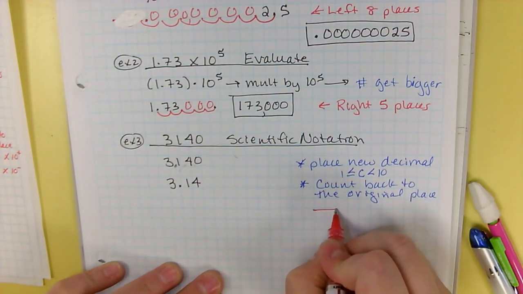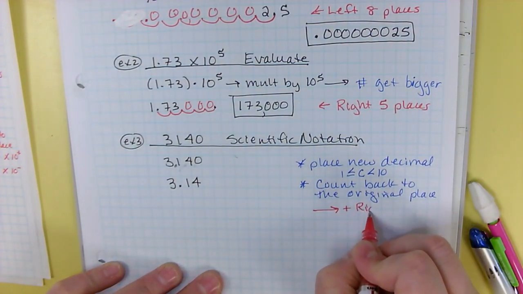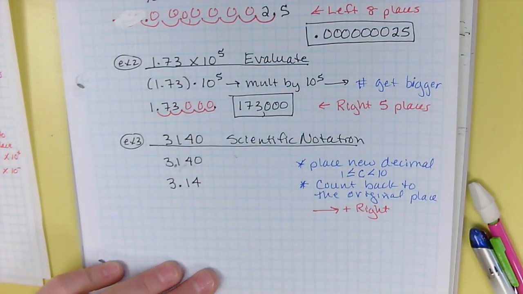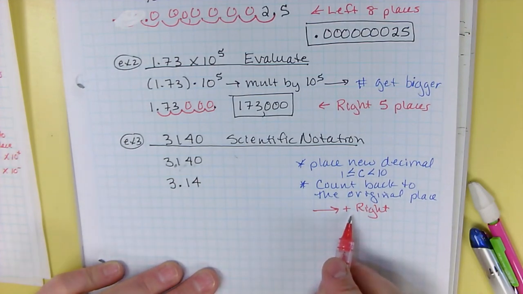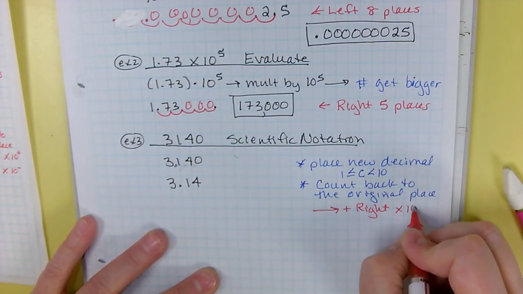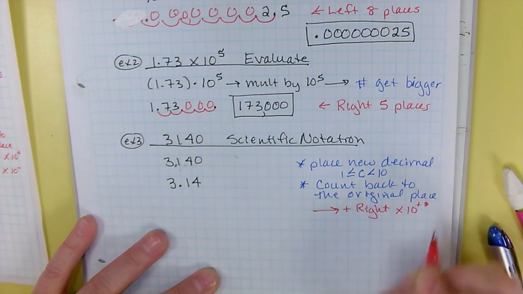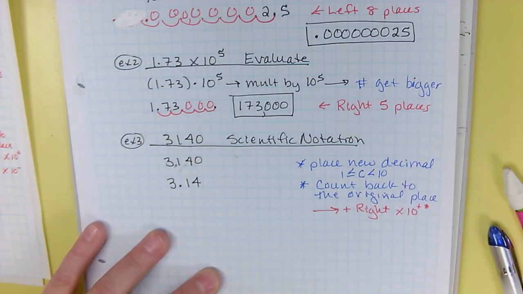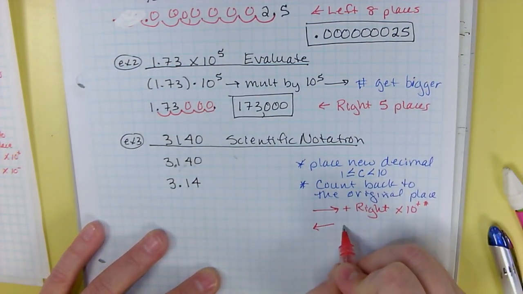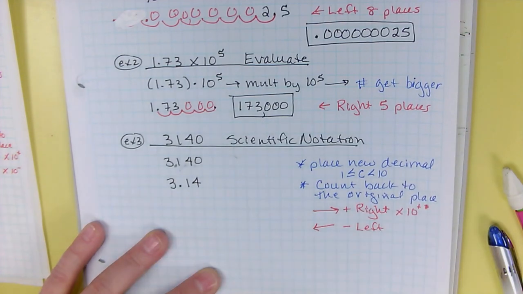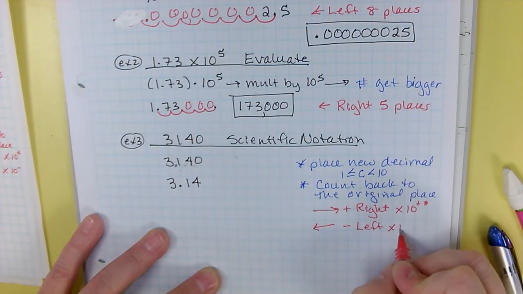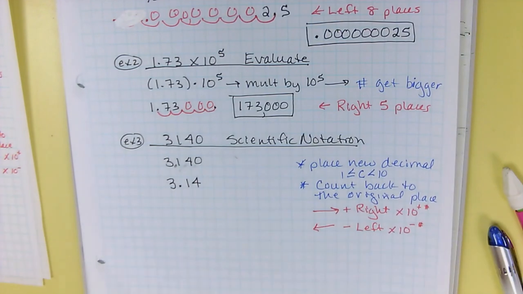If you count to the right to get back to the original place, your exponent is positive, and it's going to be times 10 to some positive number. If you have to count back left, that means that your power of 10 will be a negative number.